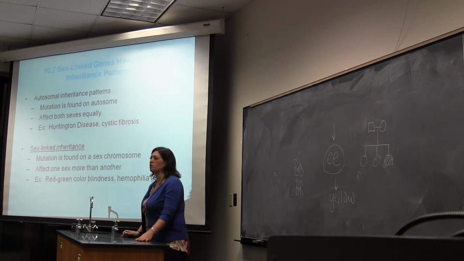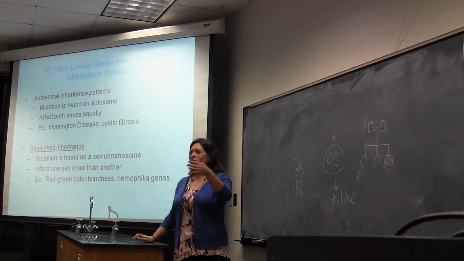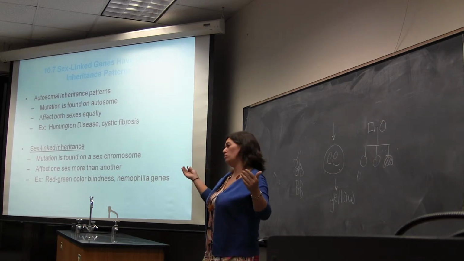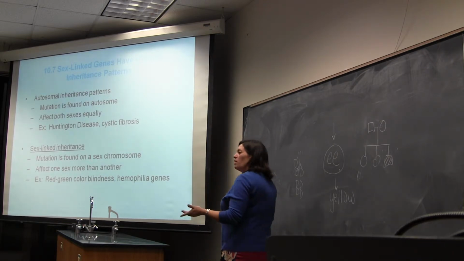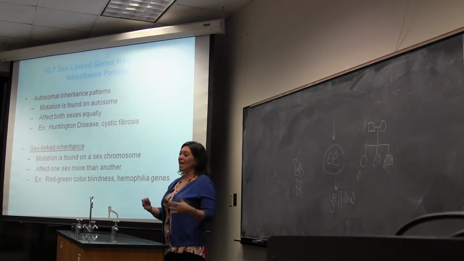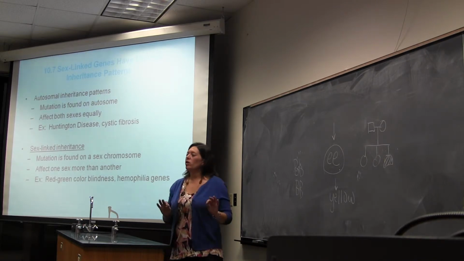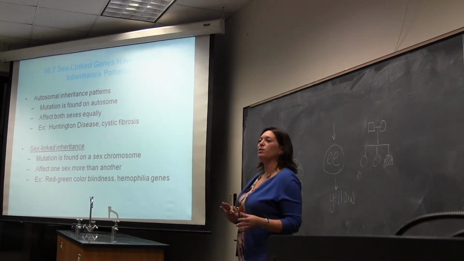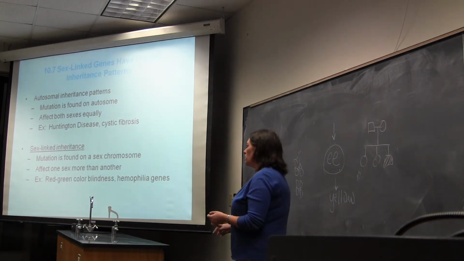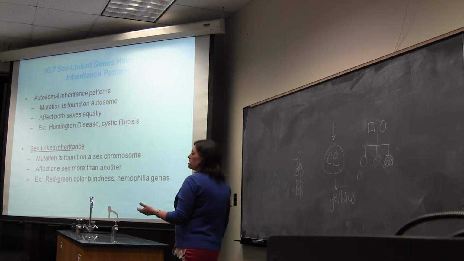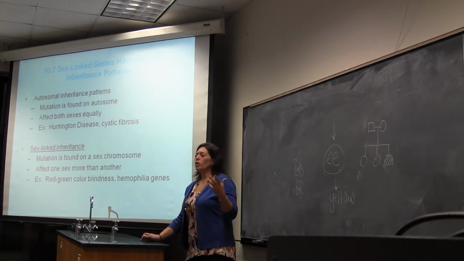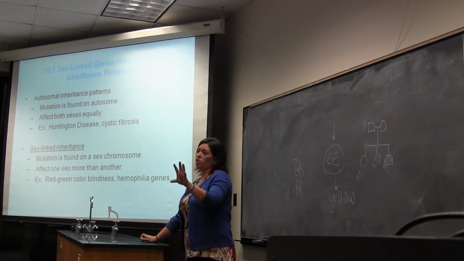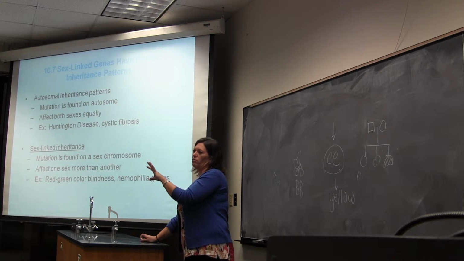Same thing with cystic fibrosis: a mutation in one gene somewhere on chromosome 1 all the way up to chromosome 22. But if you have a mutation on your sex chromosome, then that's going to have a different influence on which people are going to be more affected than not. Sex-linked inheritance is when you're following a mutation that's on either the X chromosome or the Y chromosome.